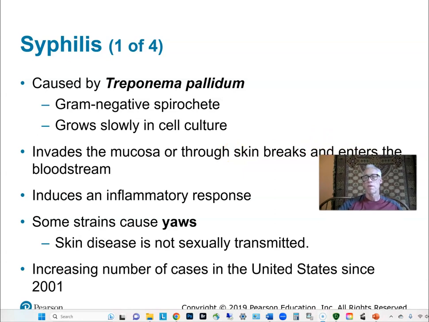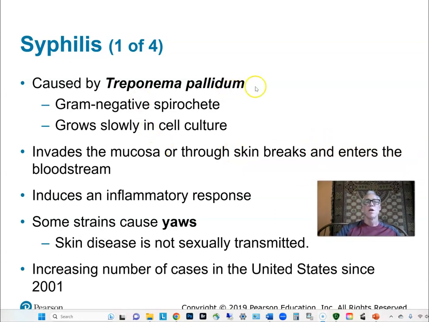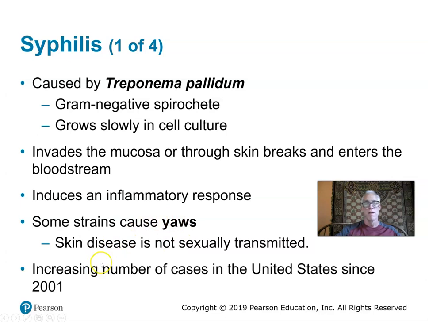Syphilis. Syphilis is caused by the spirochete Treponema pallidum. We've run into that a bunch of times. It invades the mucosa through skin breaks and enters the bloodstream. It induces inflammation. Some strains cause yaws, a skin disease that's not sexually transmitted, but generally speaking, we're talking about a sexually transmitted disease.